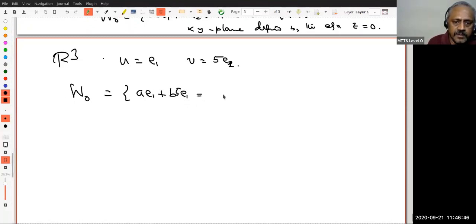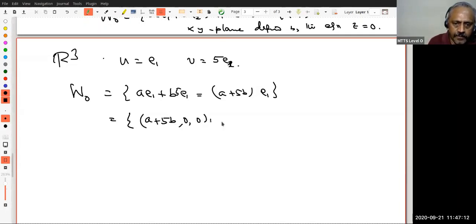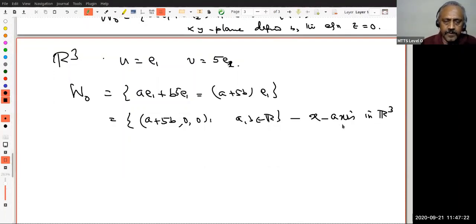But this is A plus 5B times E1. You understand? U equal to E1, V equal to 5E1. E1 is common. Therefore, this is the set of all points of the form A plus 5B, 0, 0, and A and B vary over R. But notice that this is nothing other than the x-axis in R3. You understand that?